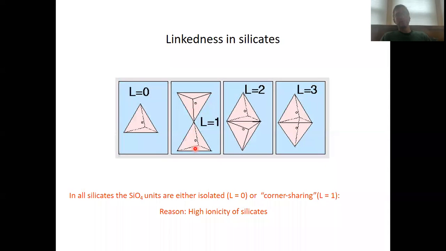And of course, these positive charges repel each other. So these silicon atoms try to adopt the greatest possible distance to each other. And the greatest possible distance can be achieved in corner sharing tetrahedra. In edge sharing and in face sharing tetrahedra, the two silicon centers would come too close together to be stable. Therefore silicates always prefer corner sharing over edge sharing and face sharing.